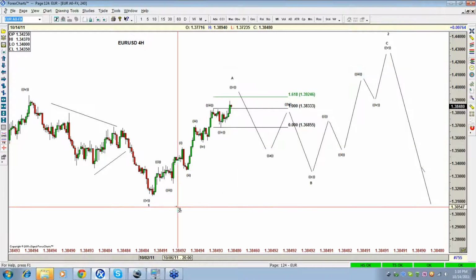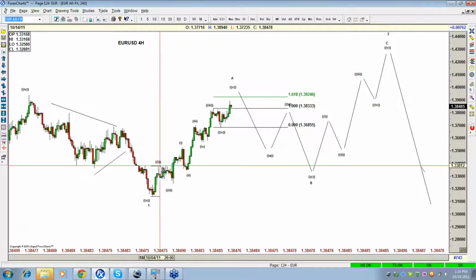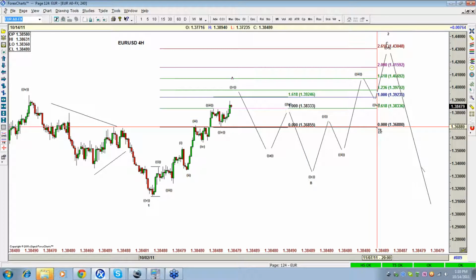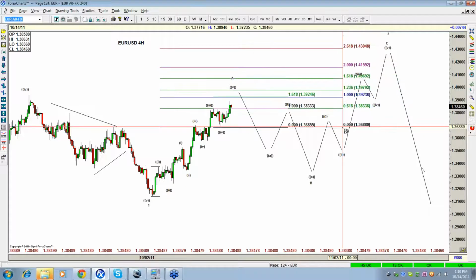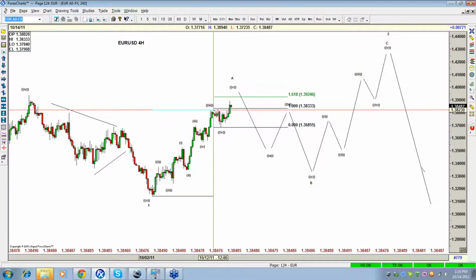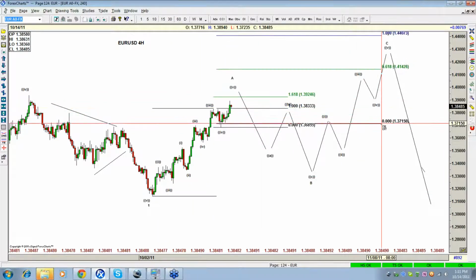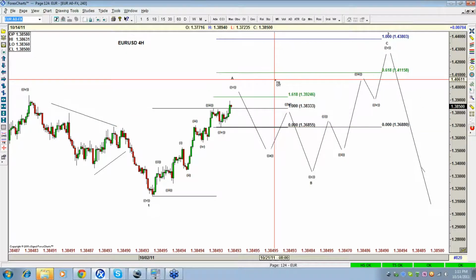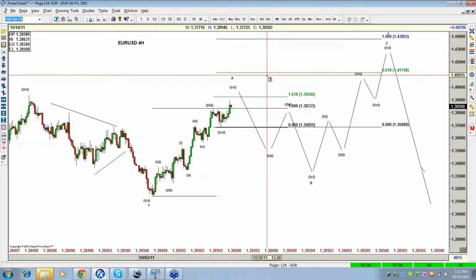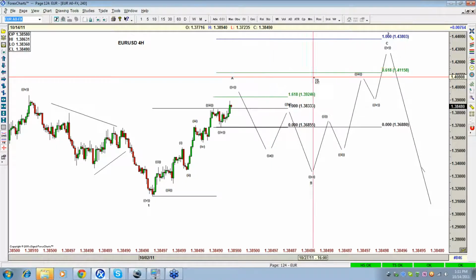Then you got 5 equals 1 at the same area, 139.23. You see? 5 equals 1 at the same area right there, more or less. And then you got the extended one, which is the 61.8 of 1-3, that it can go to 141.59, 141.15. I don't see it passing that level.